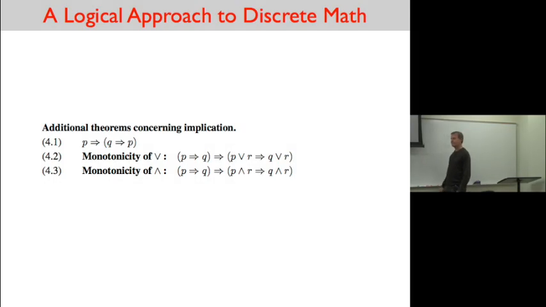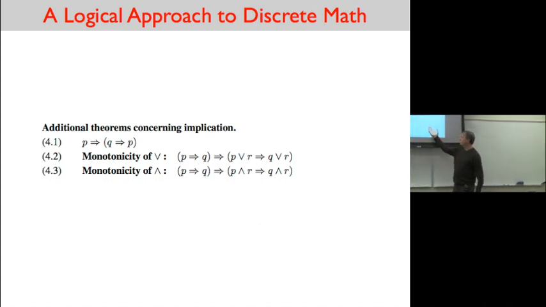So which technique are we using to prove 4.3? Oh, sorry, we're not proving 4.3. Wait, are we? I'm sorry, we're proving 4.2. 4.3 you're going to prove for me in your homework assignment.